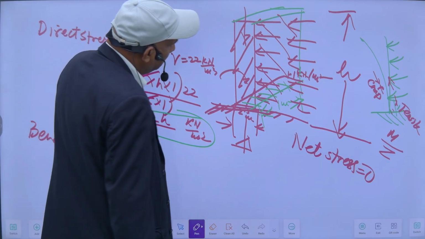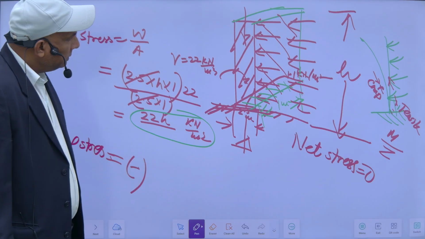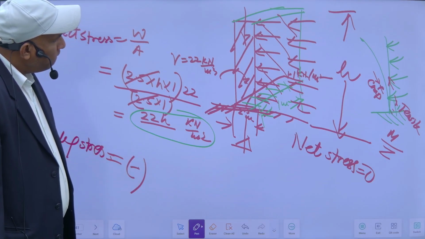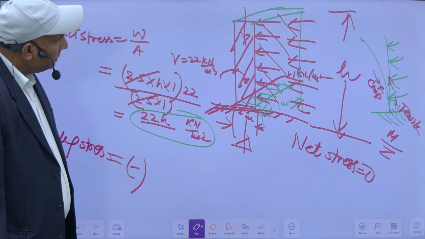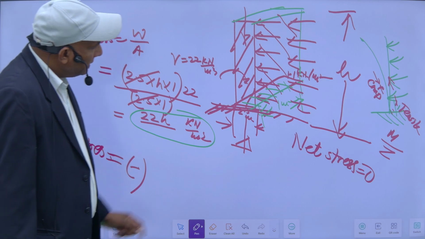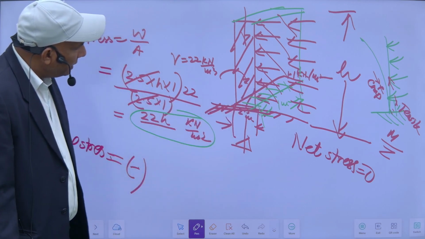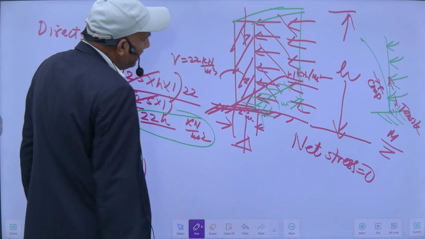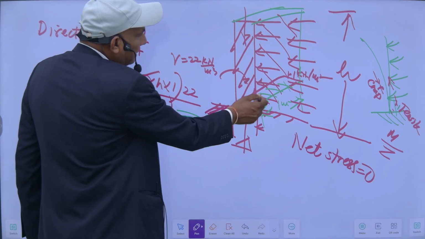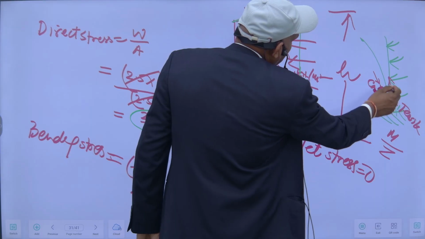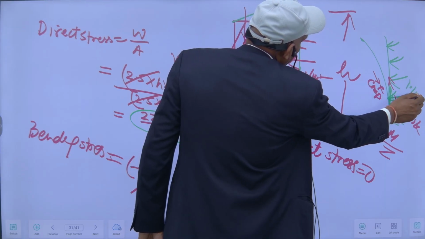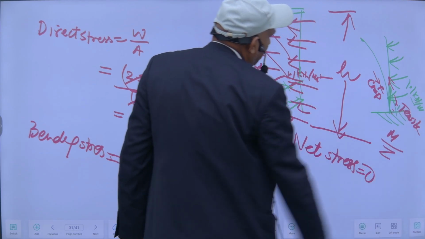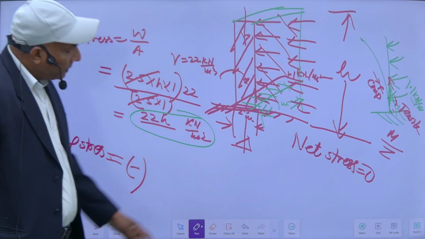So this is 1.1 kilonewton per meter. Suppose I consider 1 meter length, then it will be 1.1 kilonewton per meter. So this will be the intensity. And what will be the bending moment here?